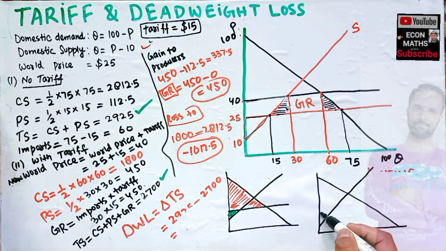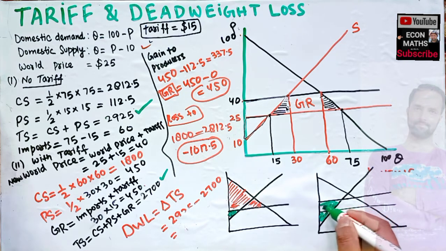So we have this line. After tariff was imposed, producer surplus has increased to this amount.